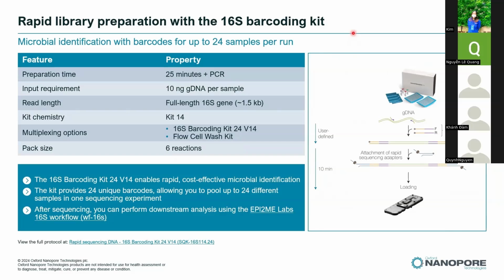Sometimes even with full-length 16S sequencing, it can be insufficient for species level identification because certain bacterial species share very similar or nearly identical 16S gene sequences. This can make it very difficult to distinguish between these closely related species.